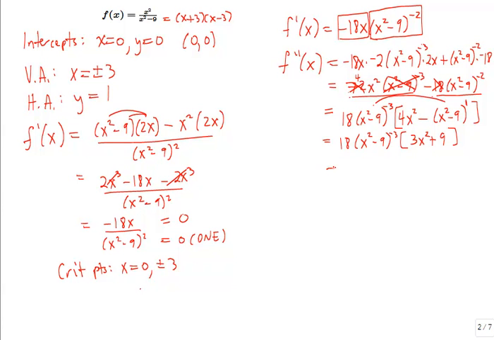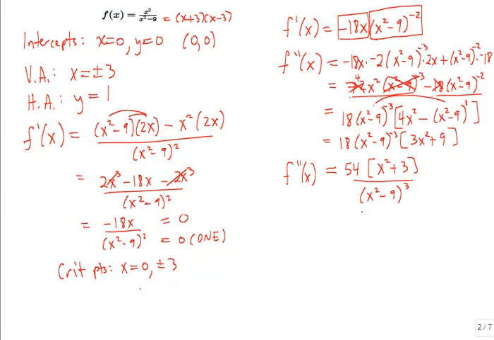So if I did that and I pulled out a 3, that 3 times this 18 will give me a 54, and what I'd have left in these brackets would just be an x squared plus 3, and I'm going to go ahead and take this negative exponent and move it down to the bottom so it becomes a positive 3. So here is my second derivative, all nicely cleaned up and factored.